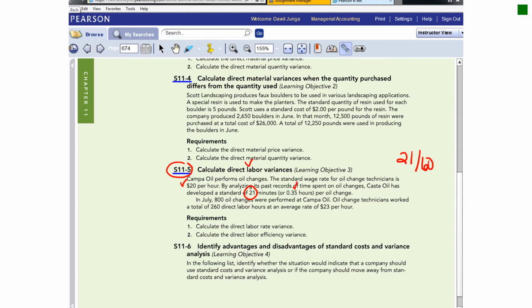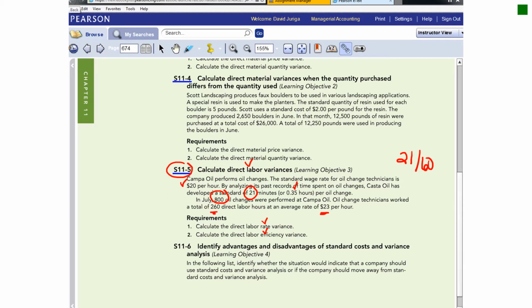It says that in July, 800 oil changes were performed. Think of this 800 as kind of like your production. They also tell you how many hours the oil technicians worked, which was 260, and this is what you actually pay them. On the rate variance, they want to basically compare what you actually paid versus what the standard price is. And then on the efficiency, you want to compare how many hours they worked versus how many hours you think they should have worked.